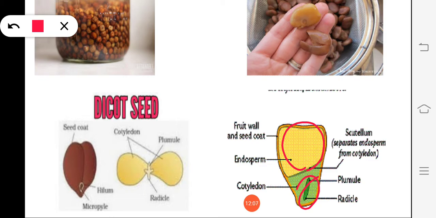From this embryo of monocot seed, the radicle and plumule develop. The radicle develops root and plumule develops shoot. And the cotyledons store food in monocotyledon seed.